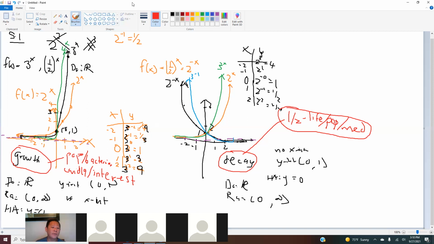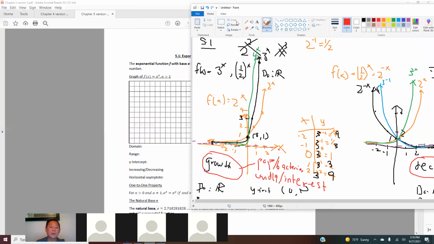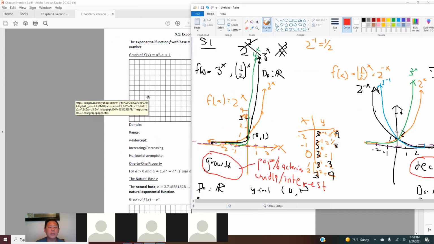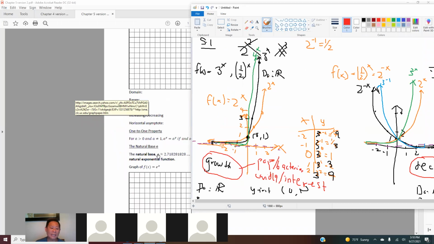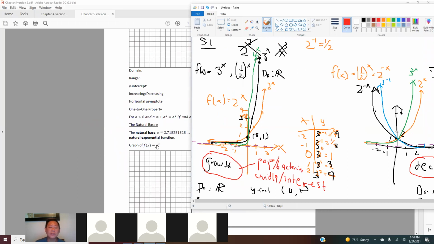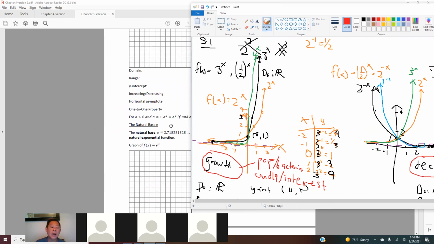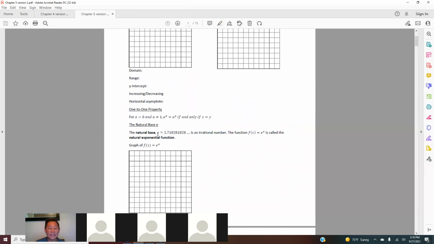Okay, so this is for the exponential functions, and then we have the E. In order for us to graph this, E is what we call the natural base. The natural base E is approximately 2.7182. It's like pi, it's irrational, it continues going.